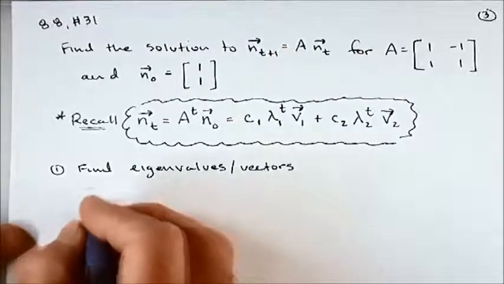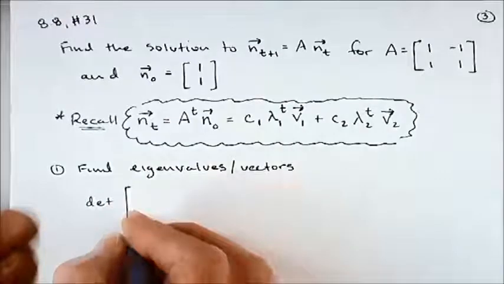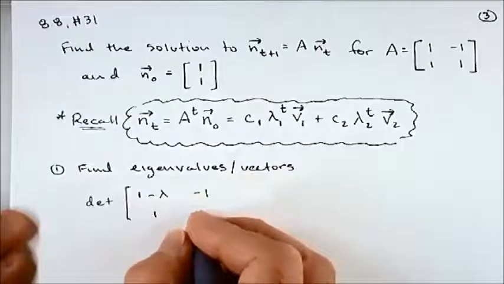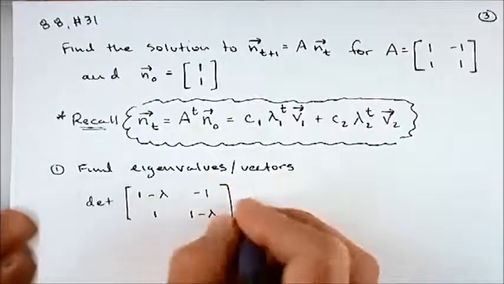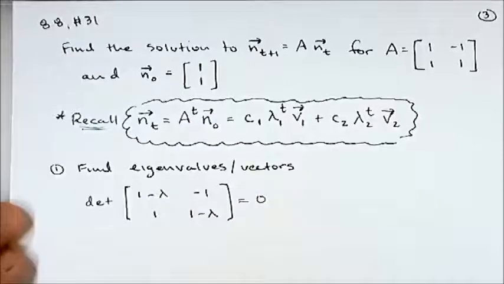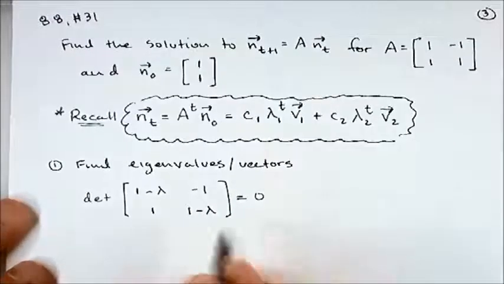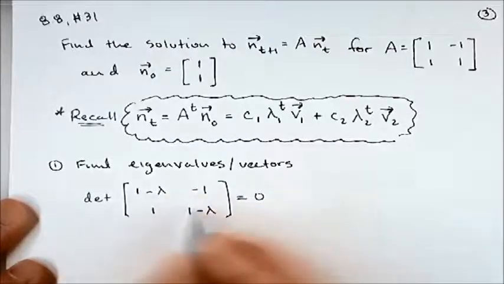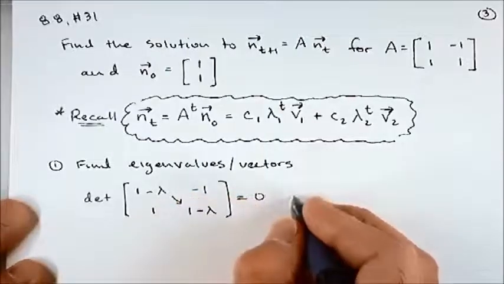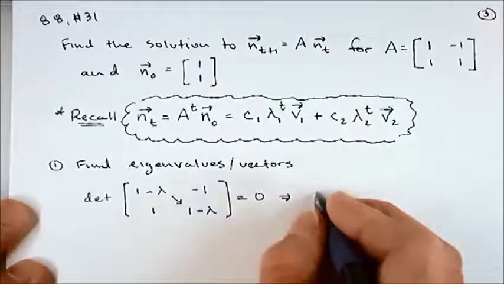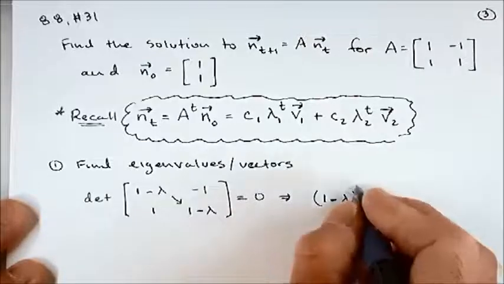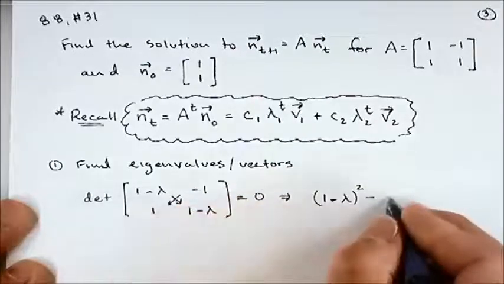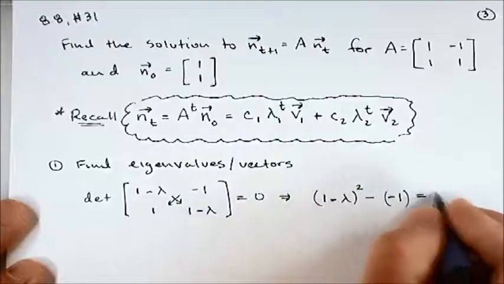Taking the short road here, it's going to be the determinant of your main diagonal minus lambda, off diagonals stay the same, set equal to 0. To find this determinant, we multiply these two together. That gives me 1 minus lambda times 1 minus lambda, which I'll write as 1 minus lambda squared, minus the product of the off diagonal, which is -1, and set this equal to 0.